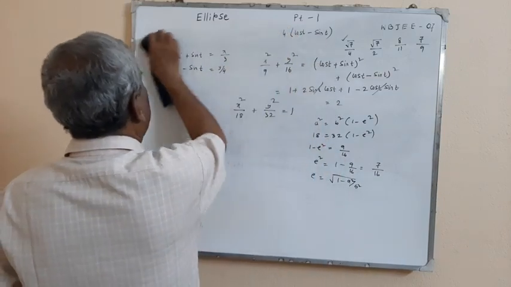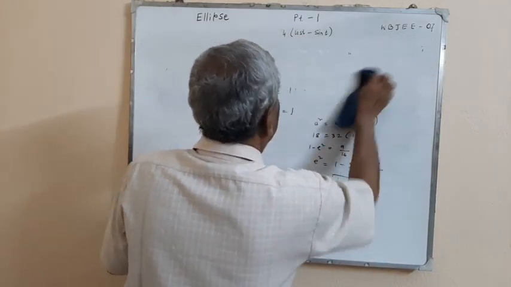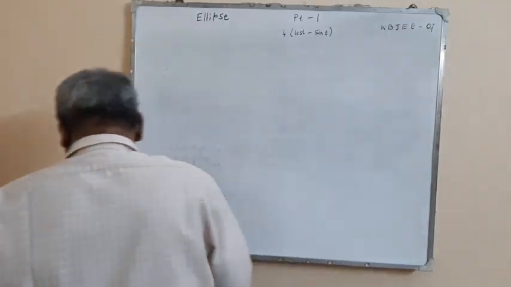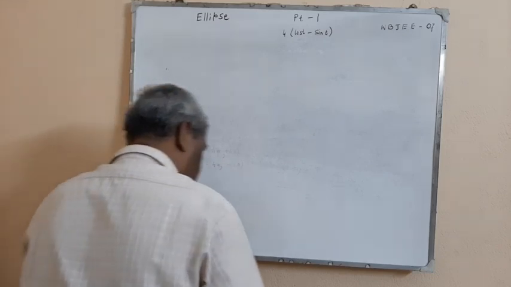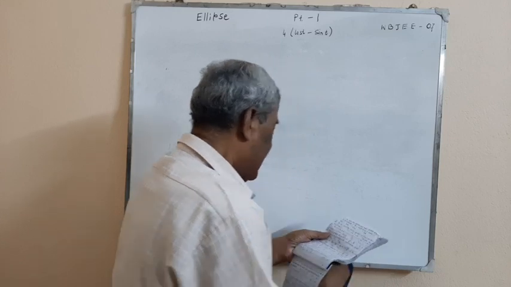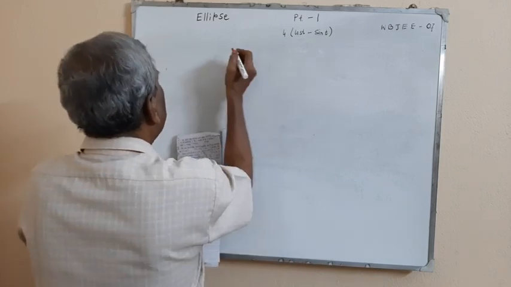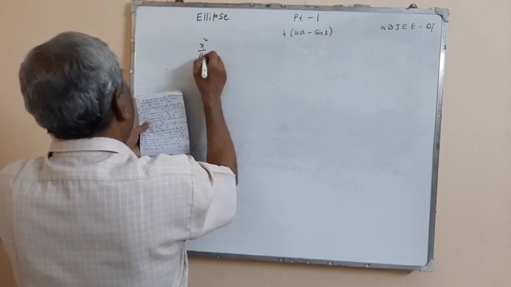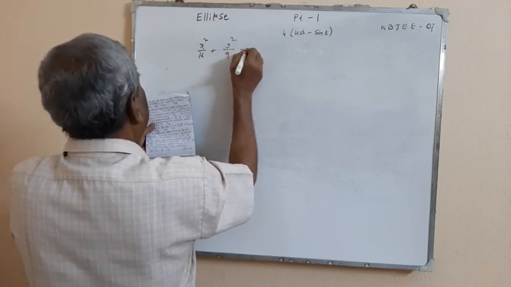The next problem. A circle passing through the two foci of x square by 16 plus y square by 9 is equal to 1.